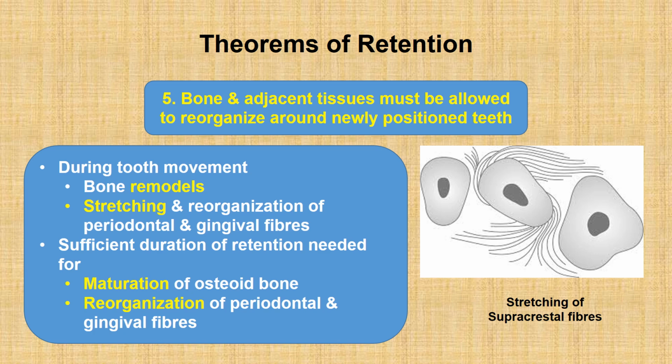Now, sufficient duration of retention needs to be given for the maturation of the bone, the osteoid bone into adult mature bone, and also the retention allows reorganization of periodontal and gingival fibers.